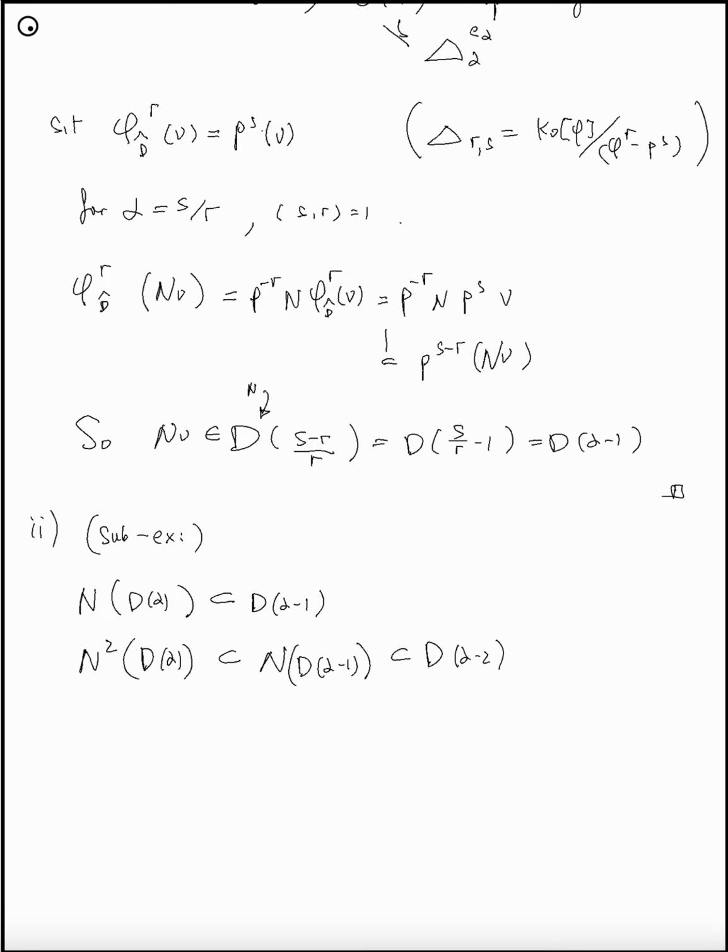And if you keep going, because there are only finitely many, there are some alpha for which D alpha is 0 in our case, or more precisely, its base change to K0 unramified is 0.